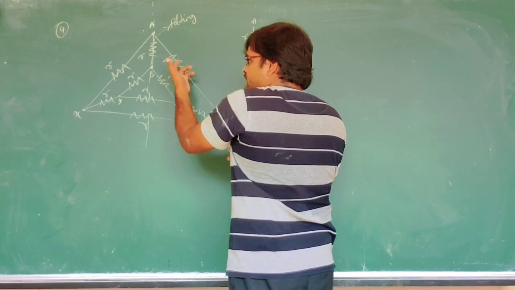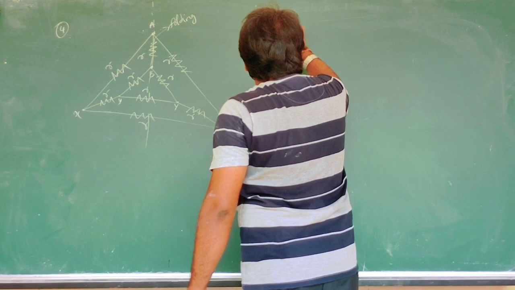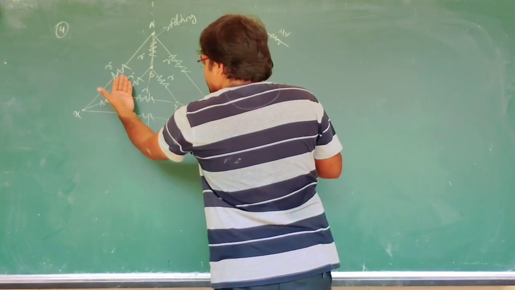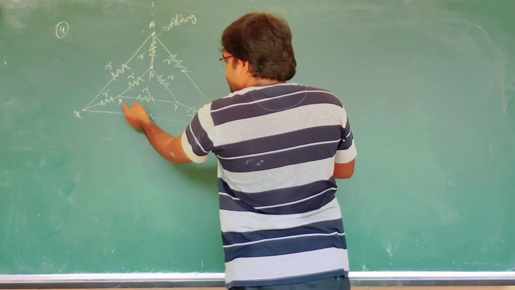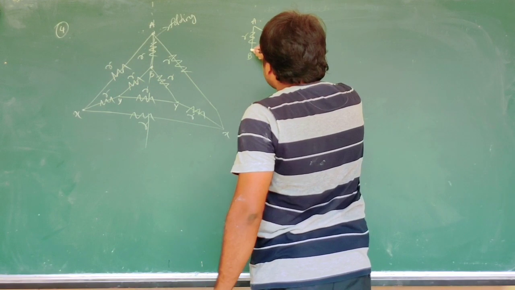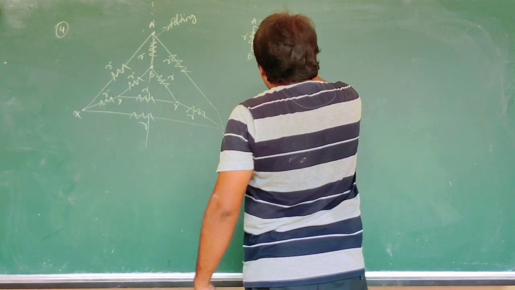That's why folding means parallel. That is R by 2. Next, this BY, same potential, folding it. BY, R by 2.